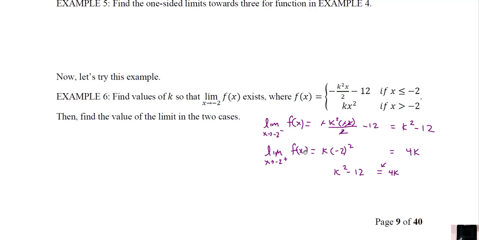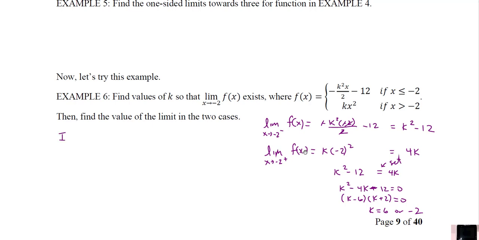So I'm going to set them equal to each other. This would force k squared minus 4k minus 12 to be equal to 0. (k minus 6)(k plus 2) equals 0, and so k would either be 6 or negative 2.